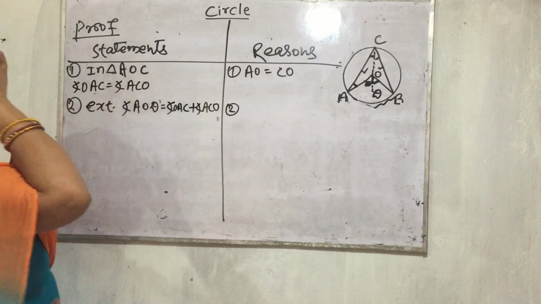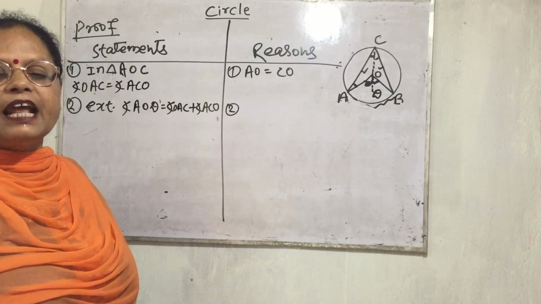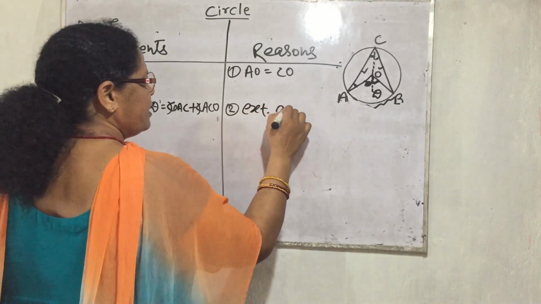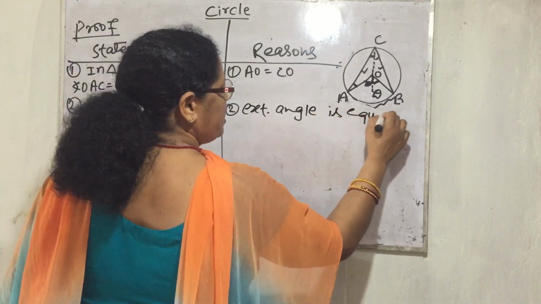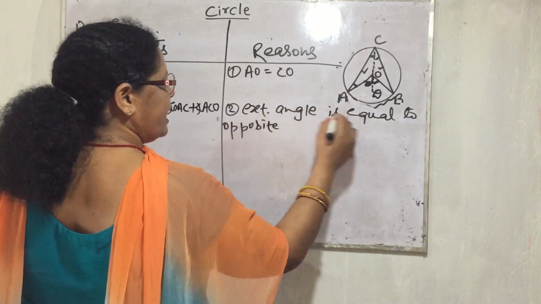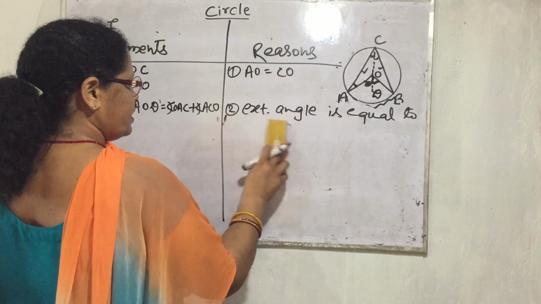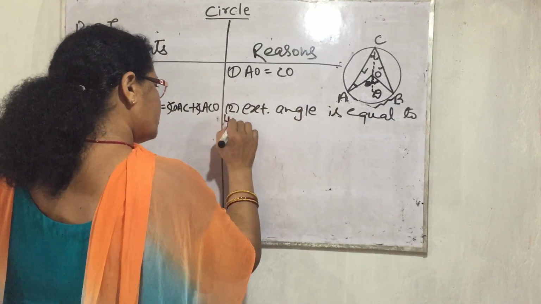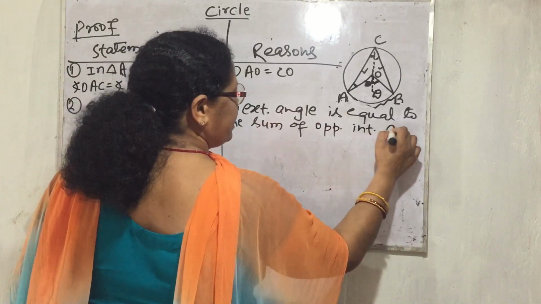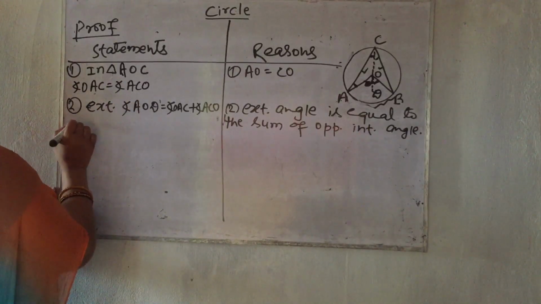In reason we can write down exterior angle is equal to the sum of opposite interior angles.